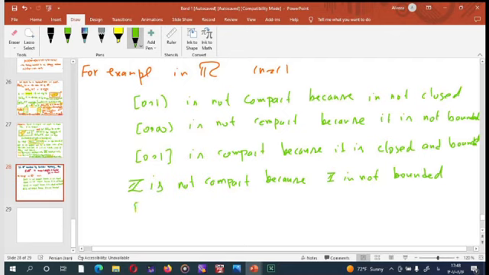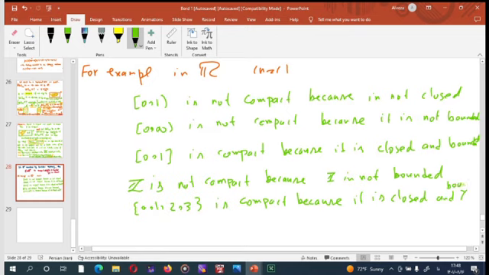And any finite set such as this is compact. Any finite set, because it is closed and bounded. Okay?